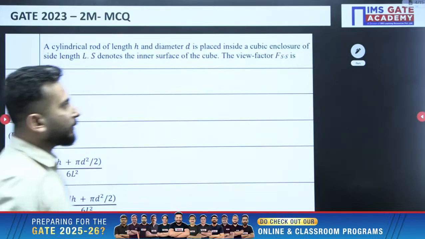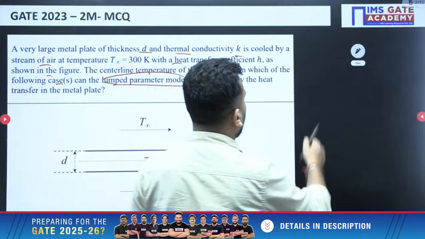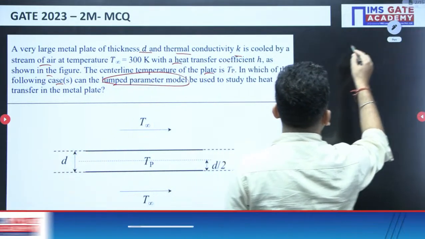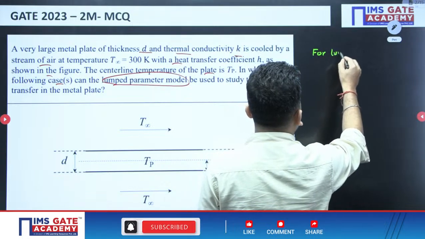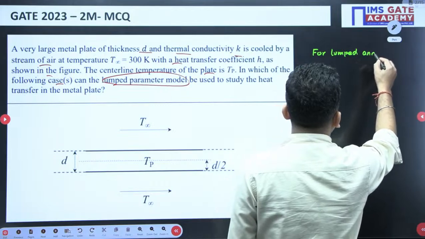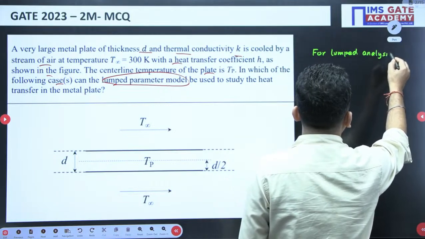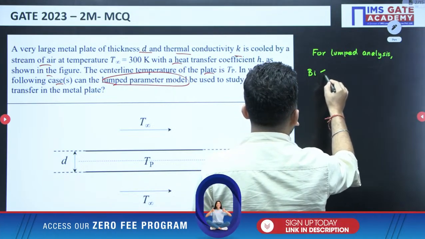Respective values of H, K, D are given. So my dear friends, you know that for lumped analysis to be used, the Biot number should be less than 0.1.